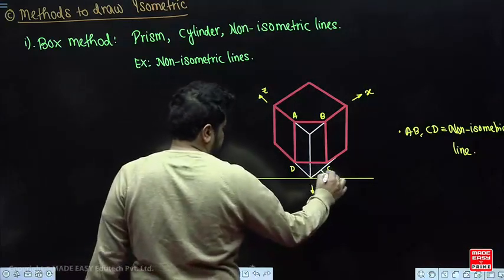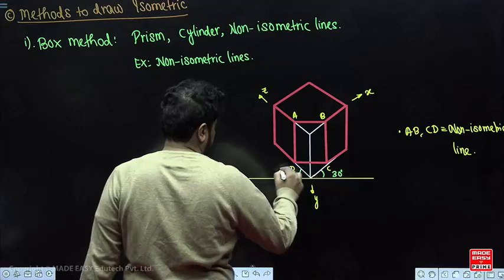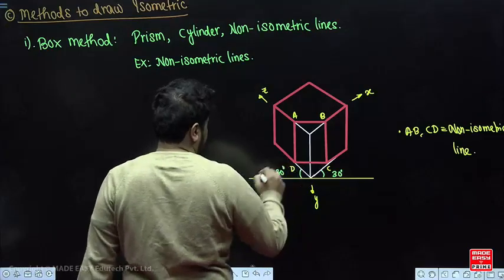Obviously, this angle will be at 30 degree, there is no doubt about it, because we are talking about the isometric projection. So this angle will be at 30 degree.